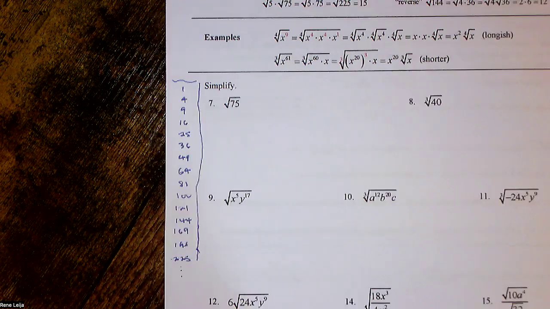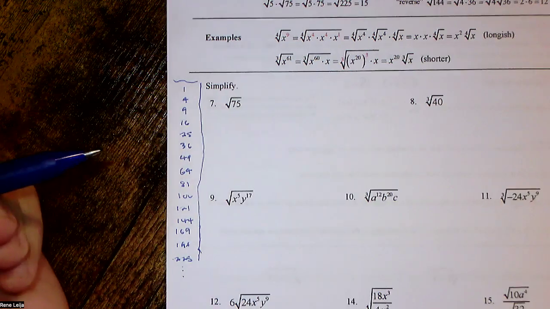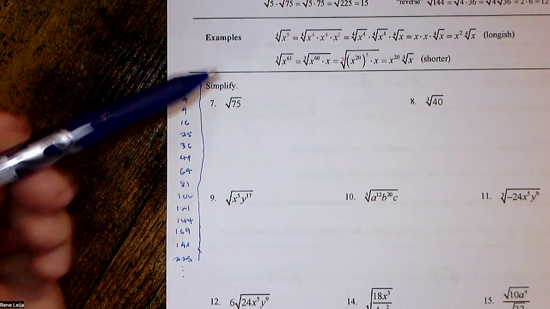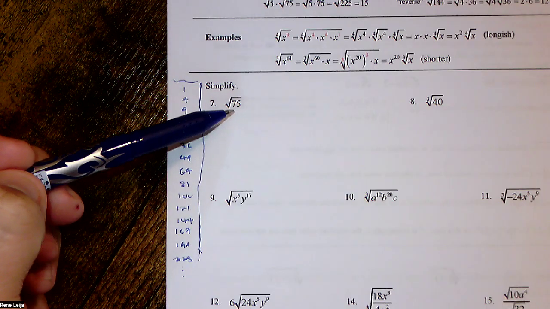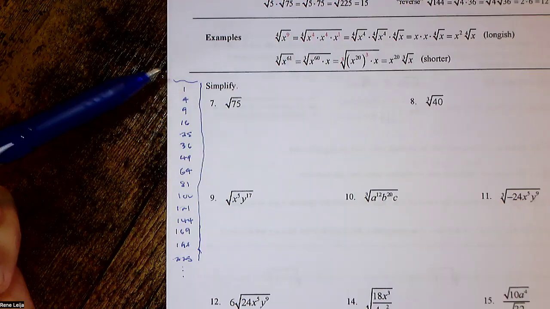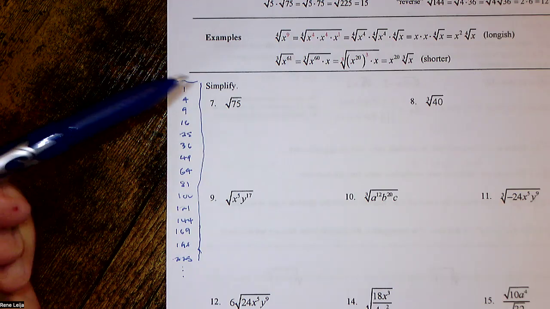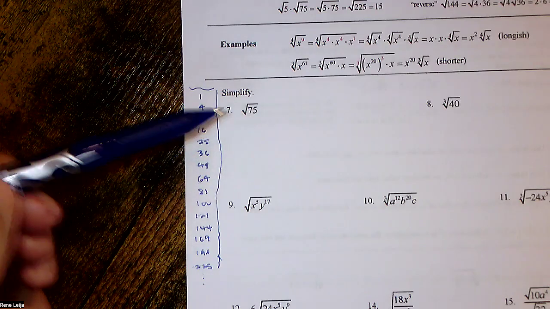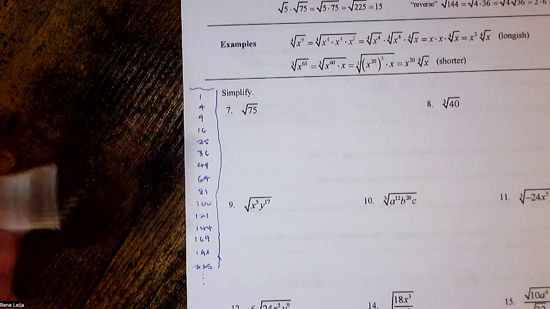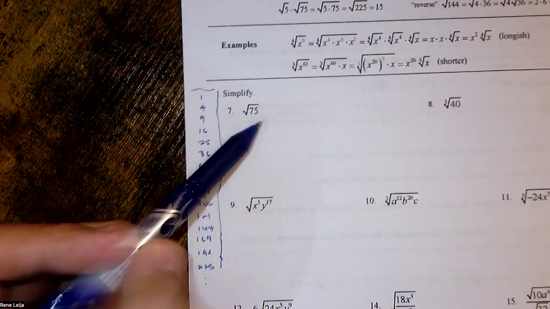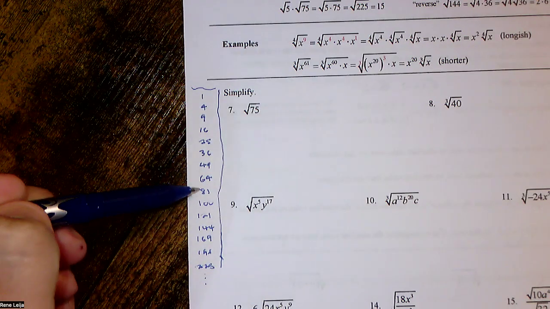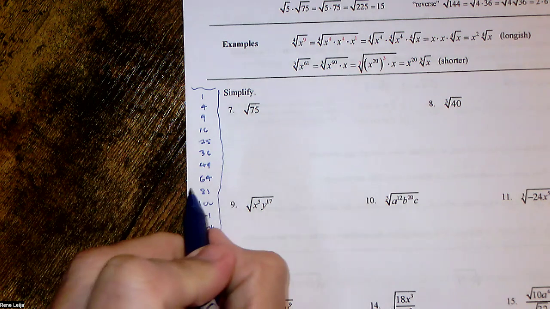Okay, so here's what we want to do. Here's something that I just saw somebody simplify radicals, and I think the way they did it was so much easier. I've never seen this before. Since these are all our perfect squares, we have the square root of 75, and 75 is going to fall in between here.